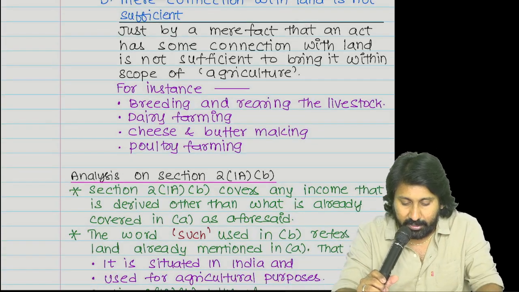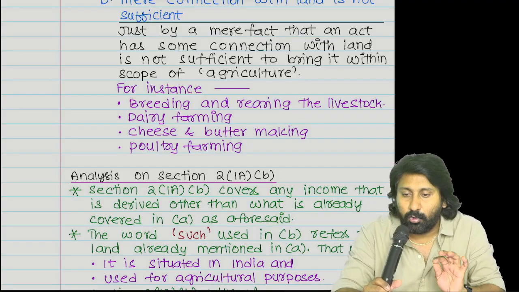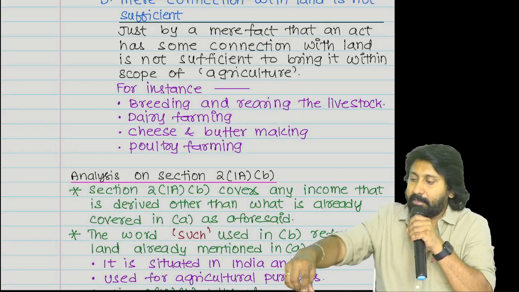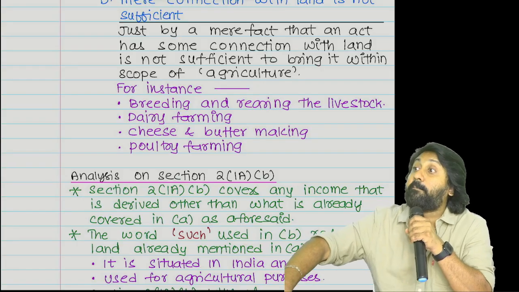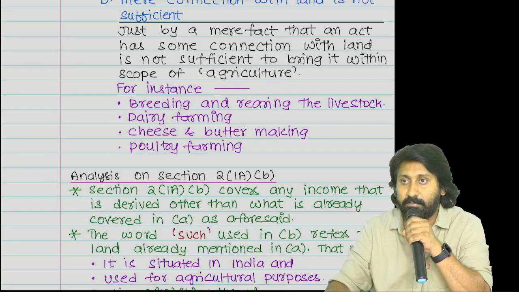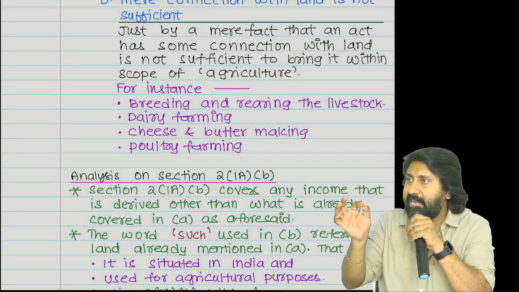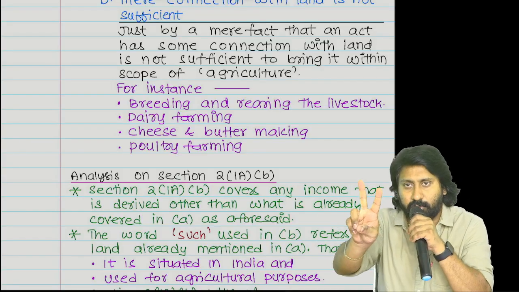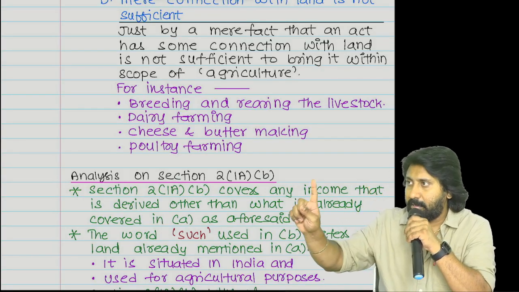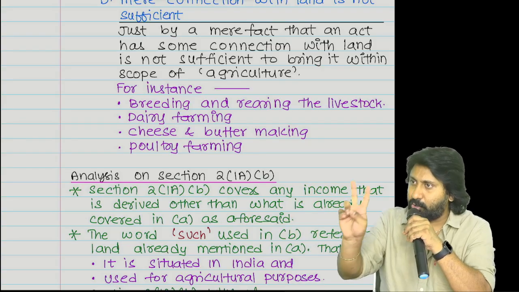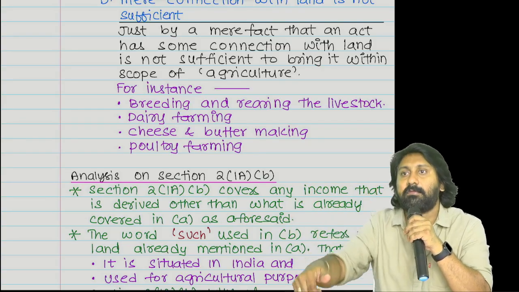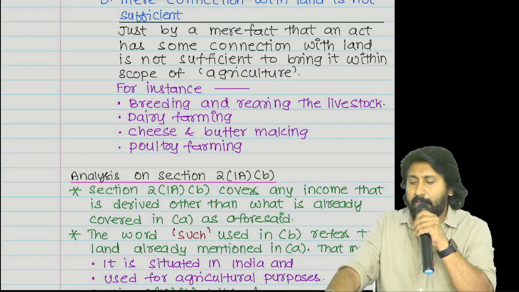Next, dairy farming. Sir, cows and buffaloes are popular sources of dairy in India. Though other animals also are there, 99% of the dairy production in India comes through two animals. Number one, cows. Number two, buffaloes. Correct or not?